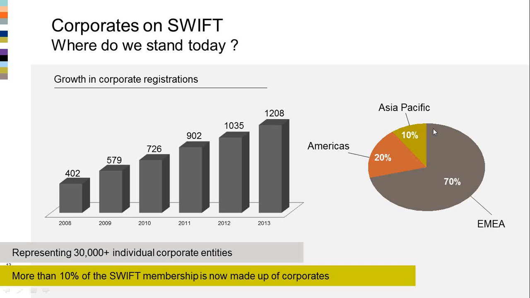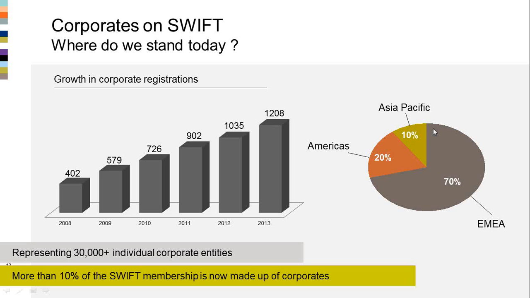Now, those 1,300 corporates typically represent some sort of centralized treasury or shared service center function within the corporate group. And we've actually estimated that those figures represent nearer to 30,000 individual corporate entities that are typically served by this SWIFT corporates model.